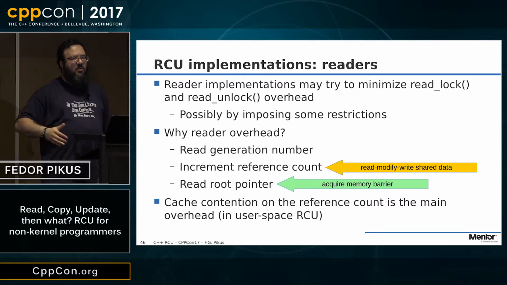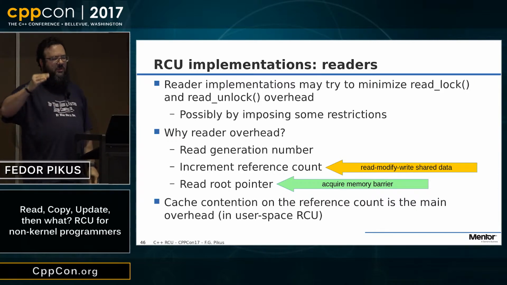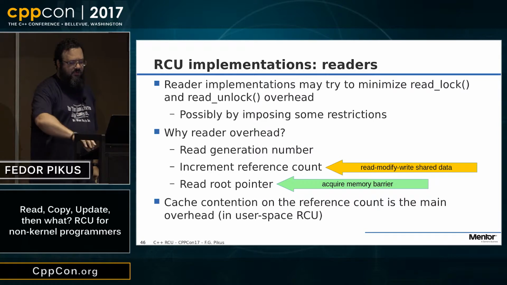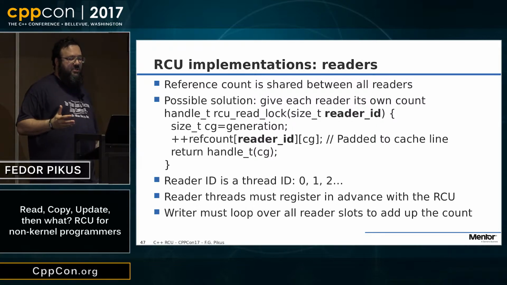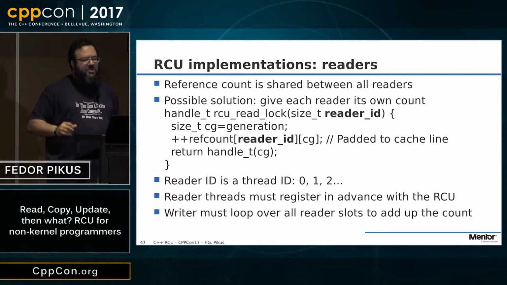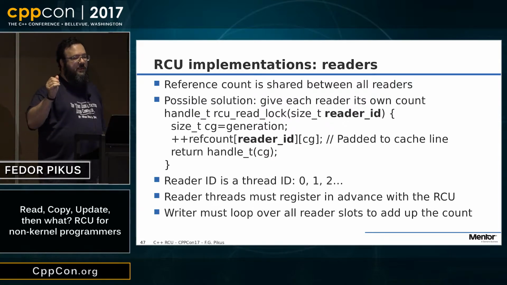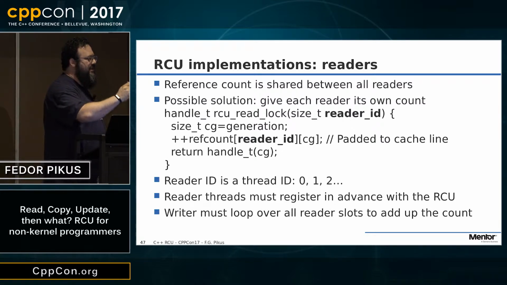The reason that's slower is cache contention on the cache line that the reader is writing into, the reference count. The problem is the reference count is shared between all the readers. Here is one possible solution. It's not the only one, but I'll show you just this one. Each thread has an ID, and each thread has its own reference counter for that thread ID.